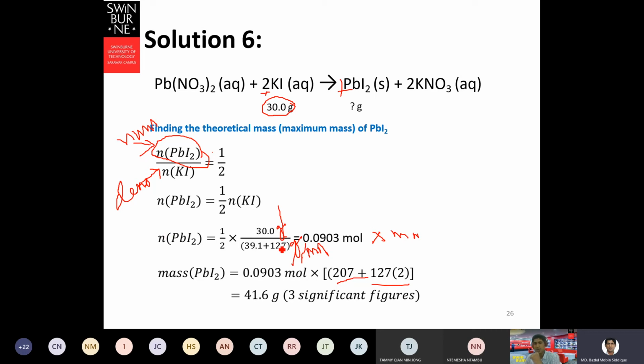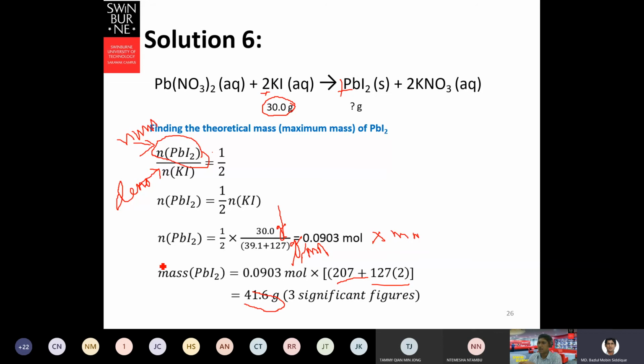And now we are going to find the percent yield. This 41.6 is the theoretical mass, the amount that would ideally be produced in the reaction.